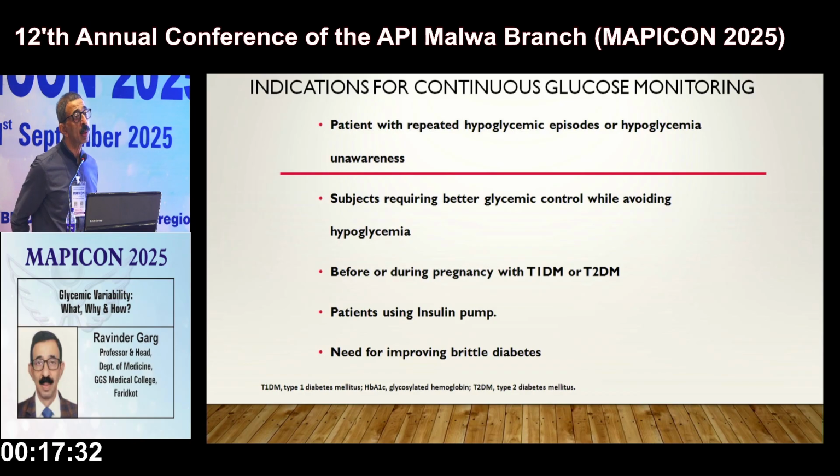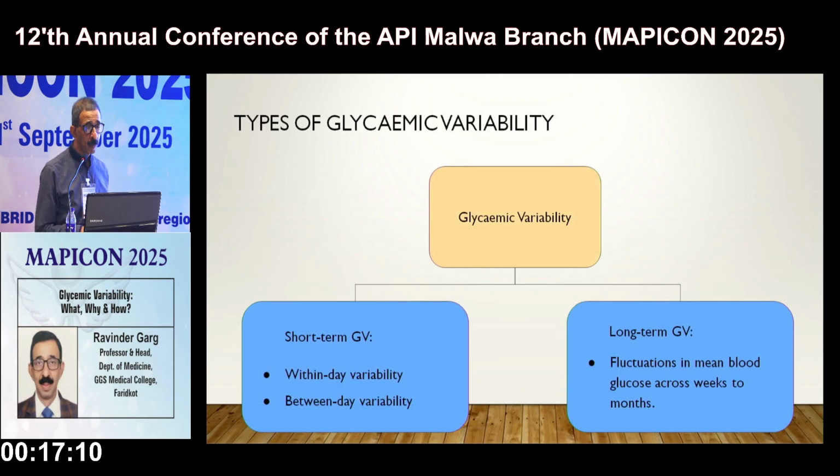Pregnancy is a very important indication for CGM, may it be type 1 or type 2. Patients on insulin pumps, and any diabetic patient who wants to improve his brittle diabetes. Although these days even uncontrolled hyperglycemia patients are also undertaking CGM.